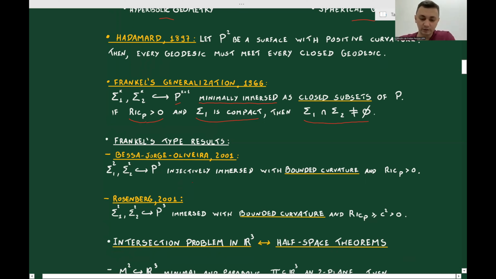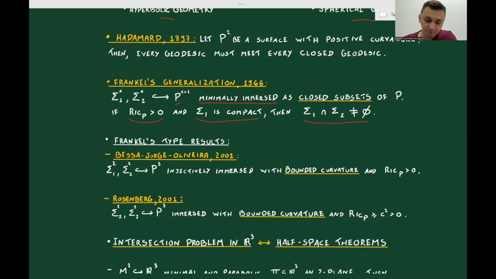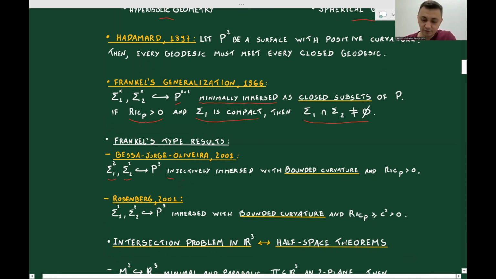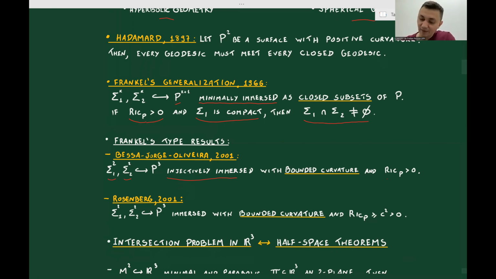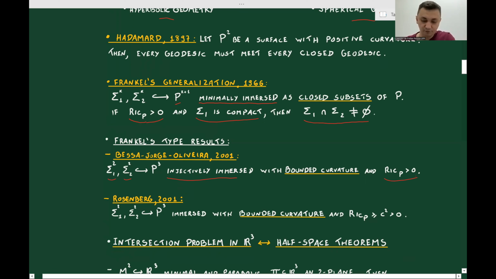In the first, the authors proved that if you pick sigma 1 and sigma 2 injectively immersed with bounded curvature, and the Ricci curvature is positive, then you have Frankel's property, which means that the surfaces must intersect.